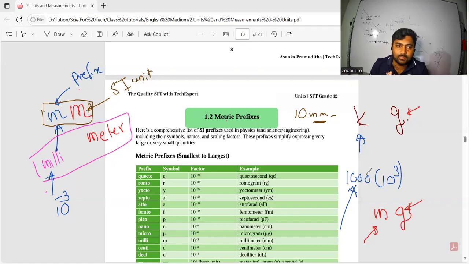Yes, sir. Okay, then write like this. Write the topic as metric prefixes.